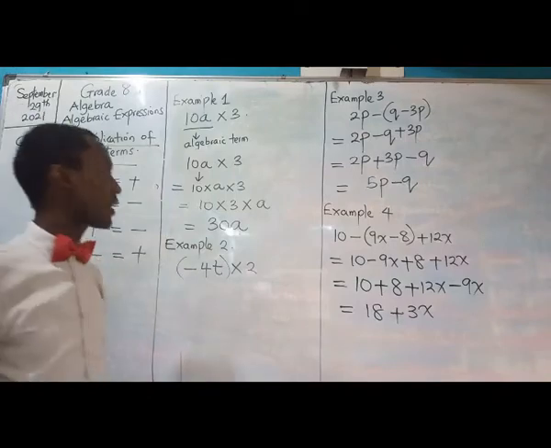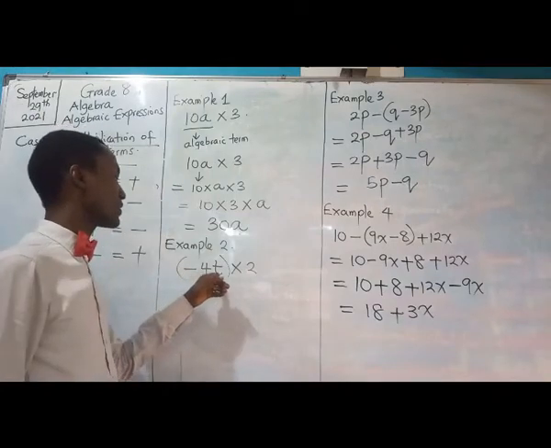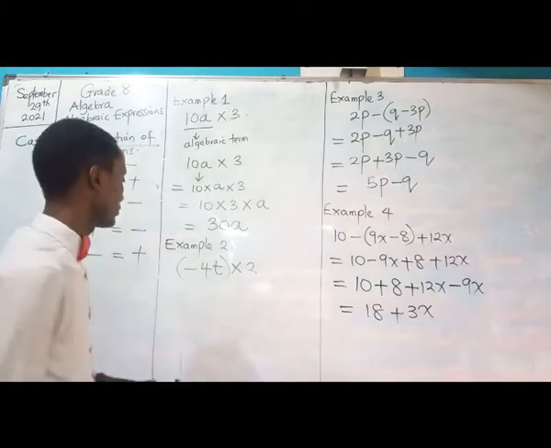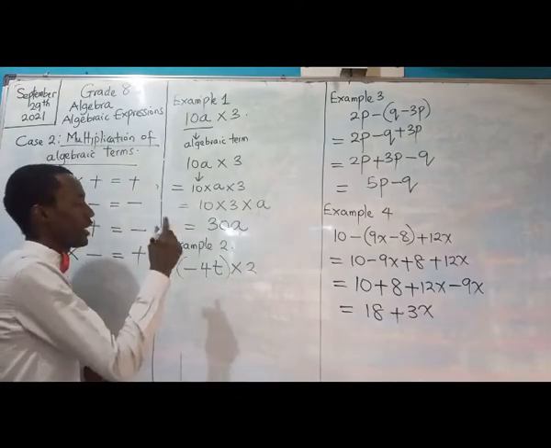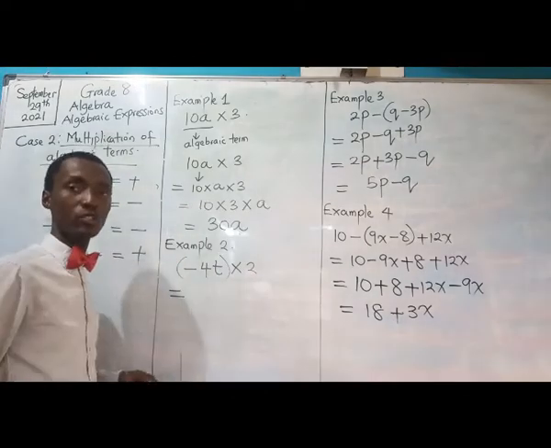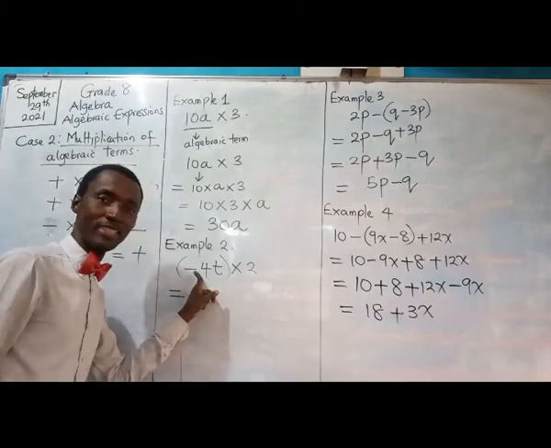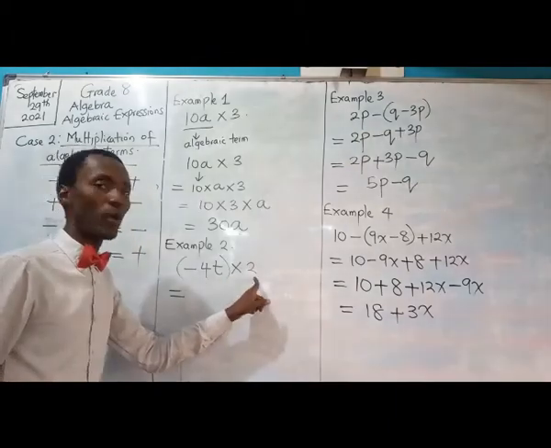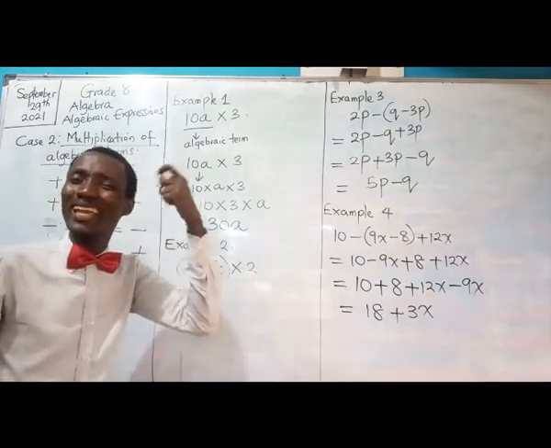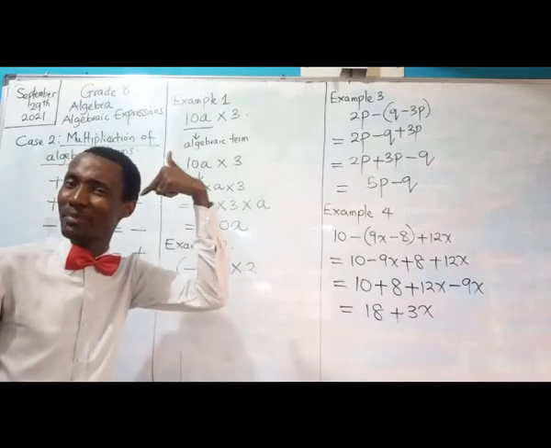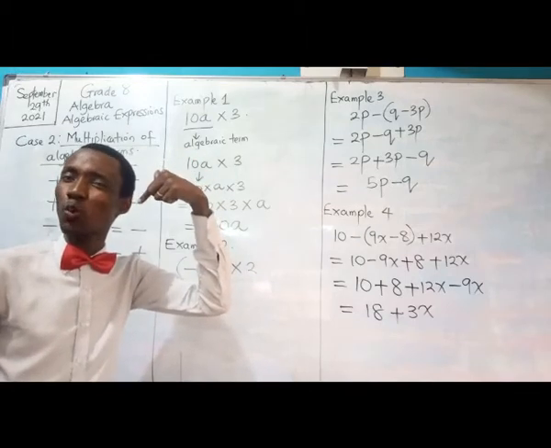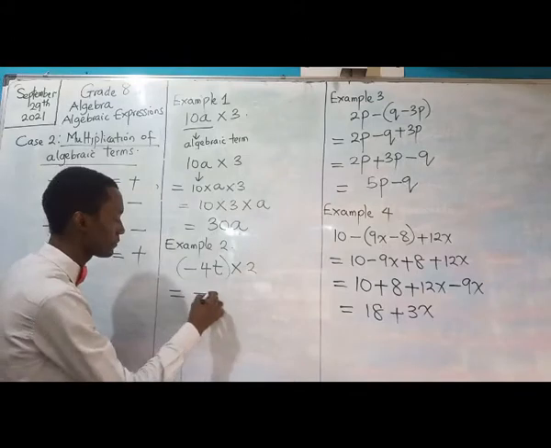Alright, we go to the next problem that says negative 4t times 2. Now, in solving this is what I advise my students to do. This is negative. This is positive. My answer must be what? Negative. So I lock that in my head. So I put a negative here.